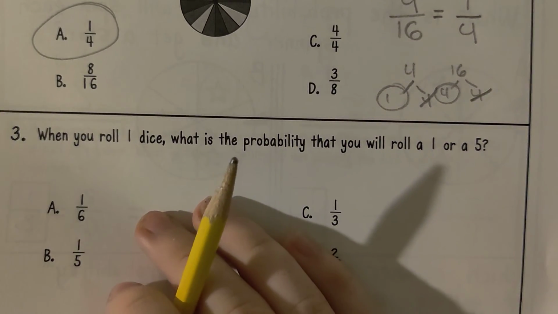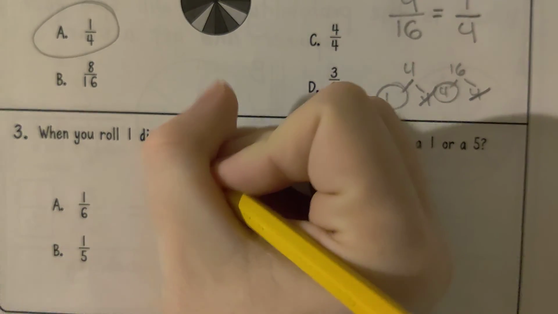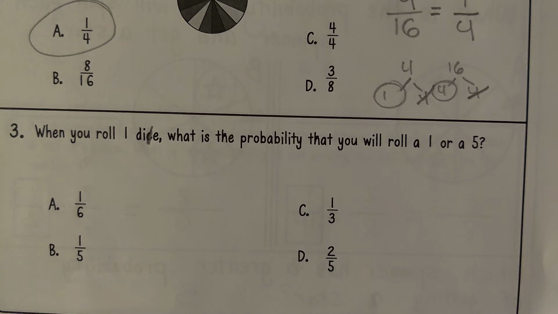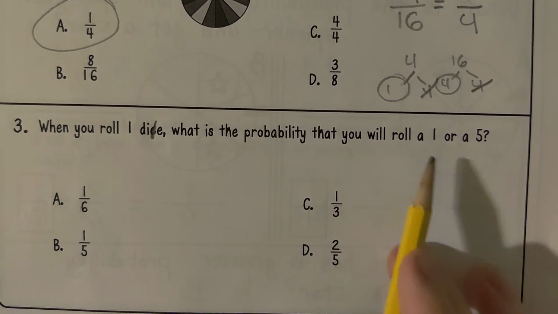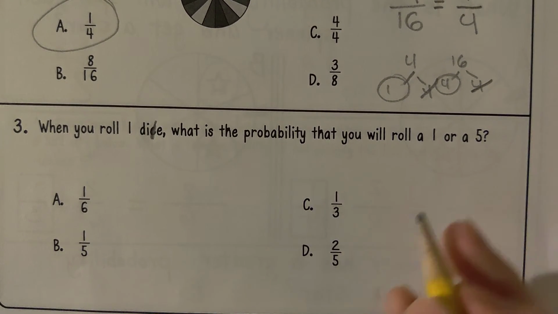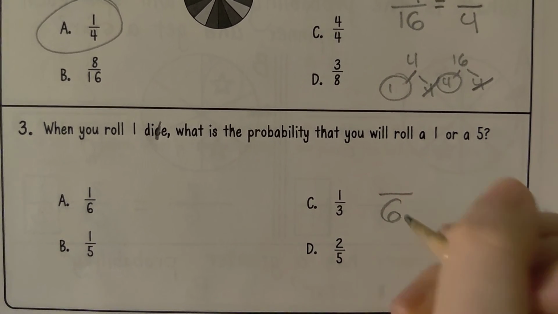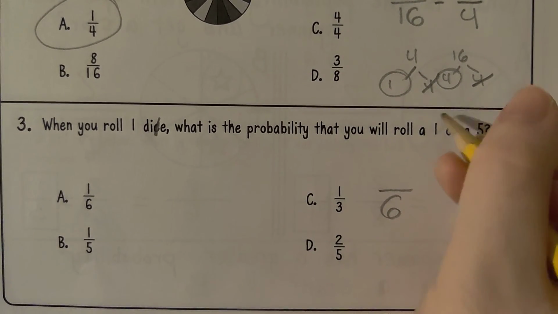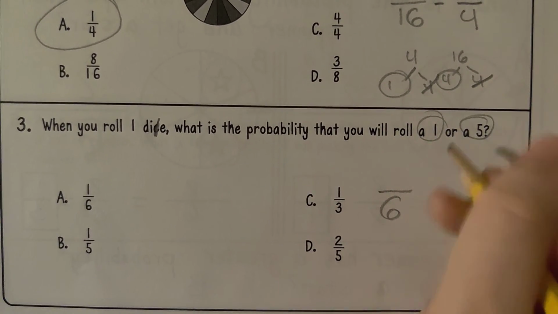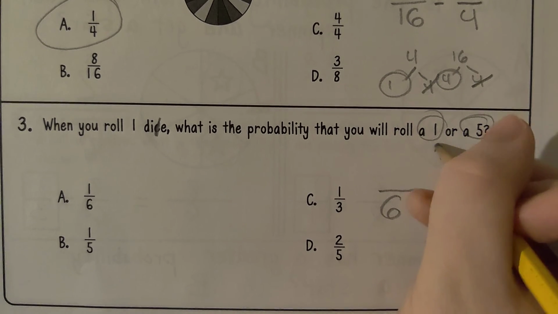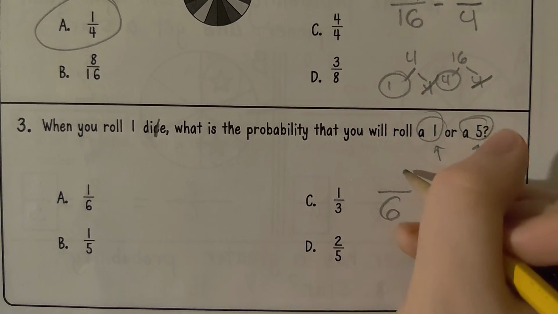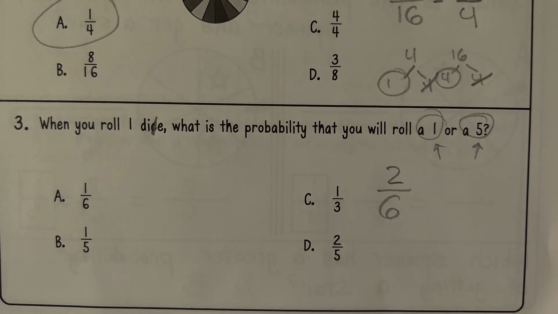When you roll 1 die, it's not dice. You roll 1 die. What is the probability that you will roll a 1 or a 5? We know that a die has 6 different outcomes. And they want us to know about rolling a 1 or a 5. We know about 2 different possible outcomes. That's 2 out of 6.